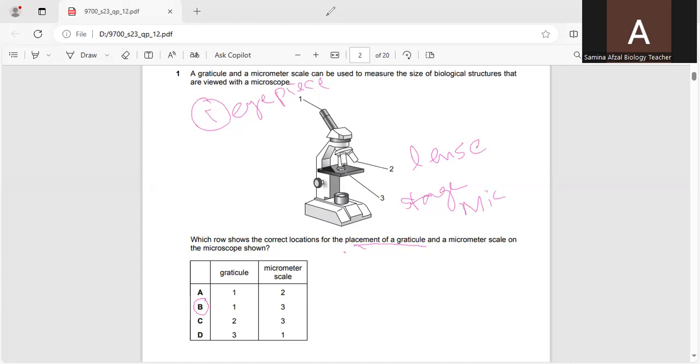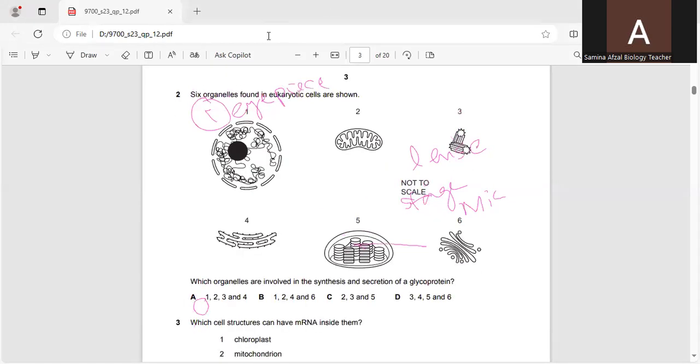Now I would like to move towards question number 2. In question number 2, they have given us 6 different organelles which are present in eukaryotic cells. Number 1 is nucleus. Number 2 is mitochondria.